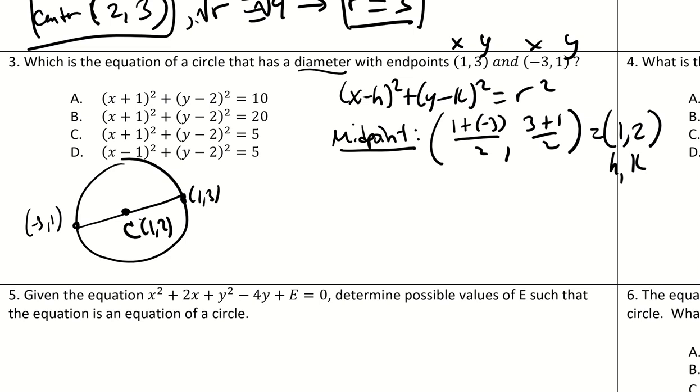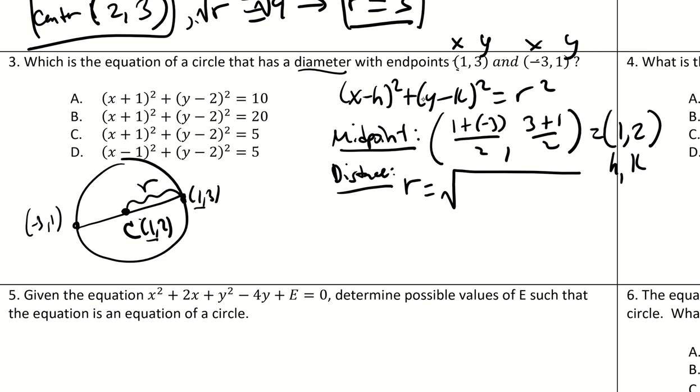Now to get the radius, you would simply have to figure this distance out, right? And we can use the distance formula for that. So to get the radius, we have to do the square root of, then you got to subtract the x coordinates for the center and then that point.